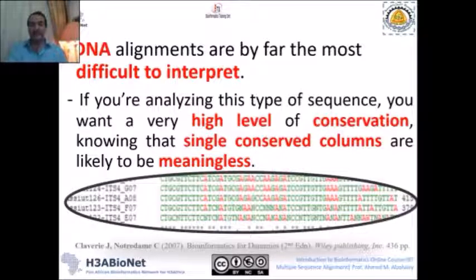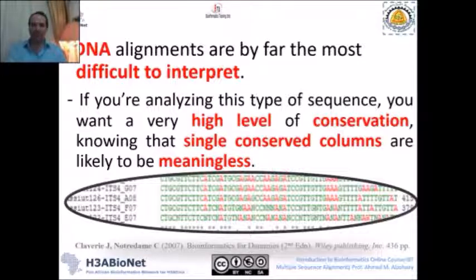DNA alignment by far is the most difficult to interpret, because it's only 4 letters. A high level of conservation is needed, and single conserved columns are likely to be meaningless.